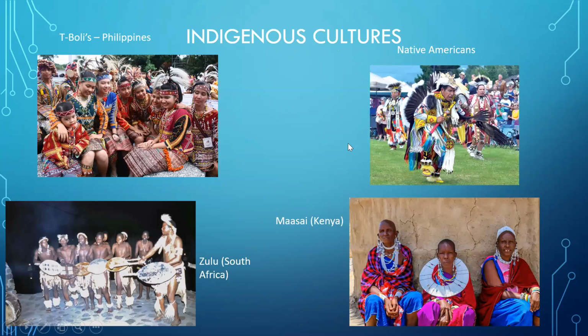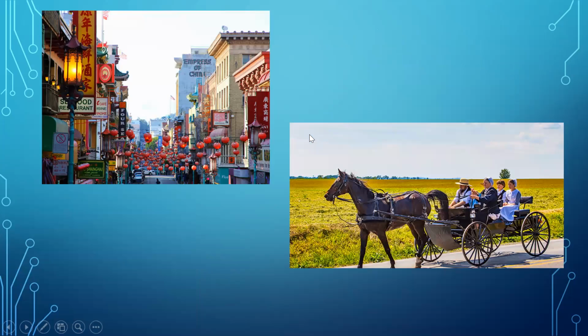We can break it down into indigenous cultures, indigenous groups of people. You could look at Native Americans here in North America, the Zulus in South Africa, the Maasai, I think I said that correctly, in Kenya, or the Tivolis in the Philippines. But when you picture folk culture, it's pretty simple.